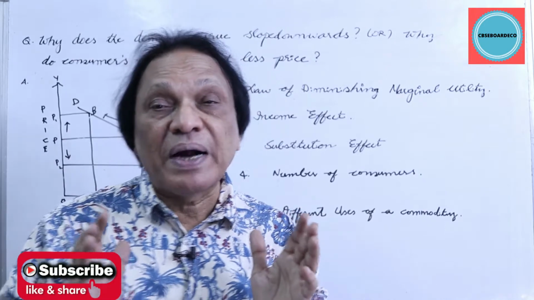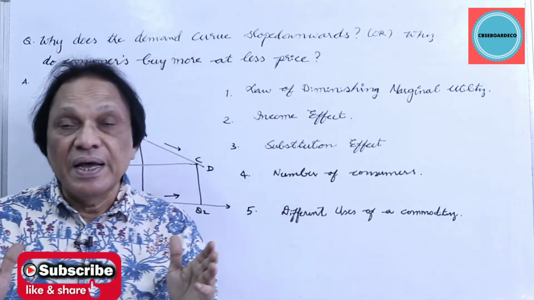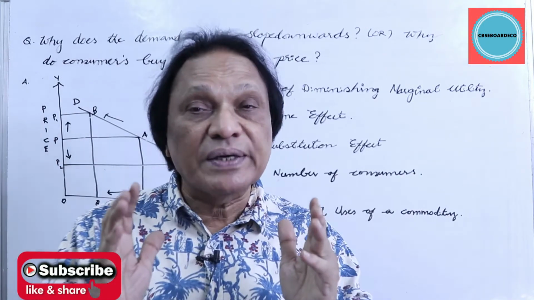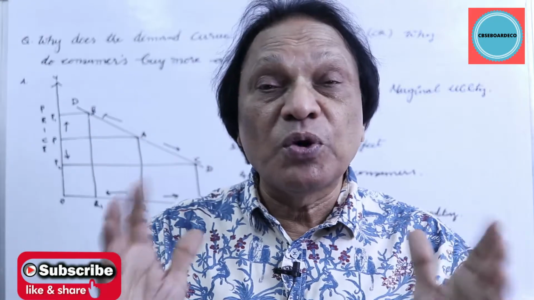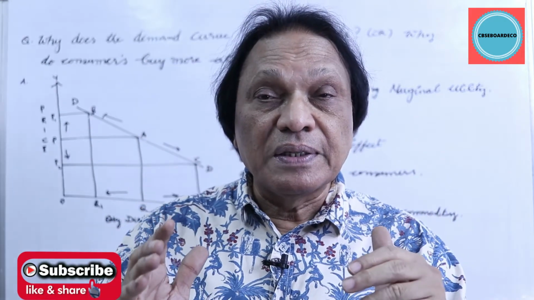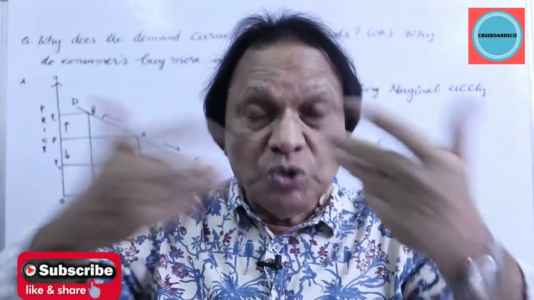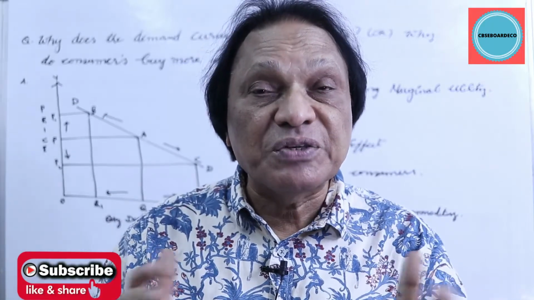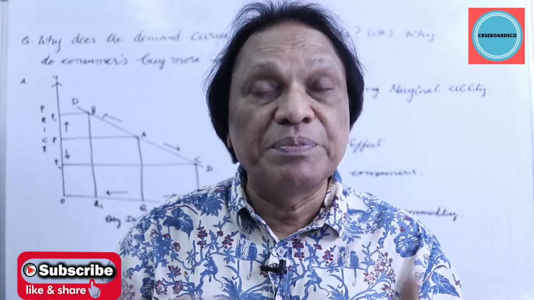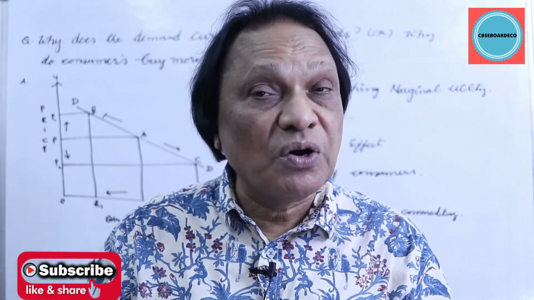The law of diminishing marginal utility states that as the consumer goes on consuming more and more units of a commodity, the marginal utility, or the utility the consumer derives from successive units, keeps on diminishing. It comes down.